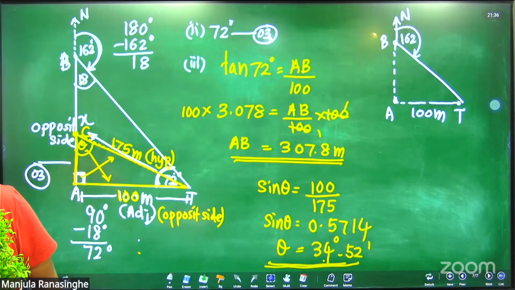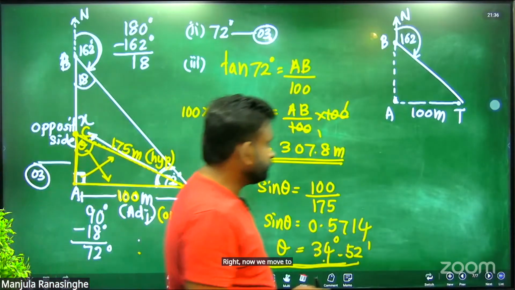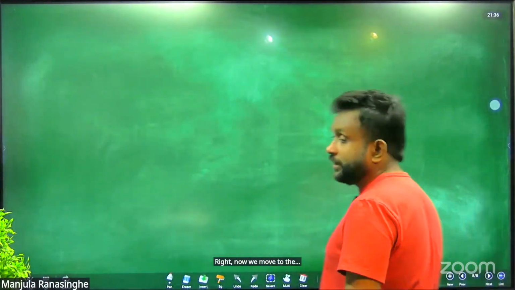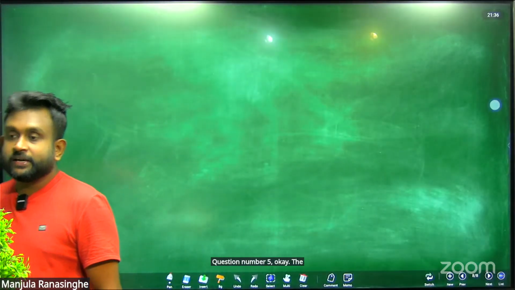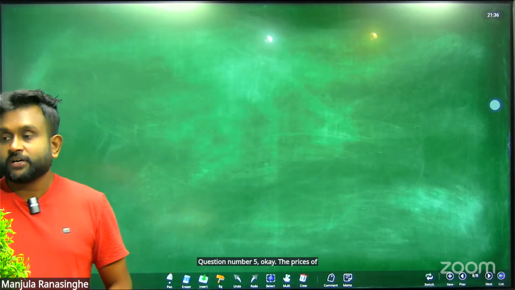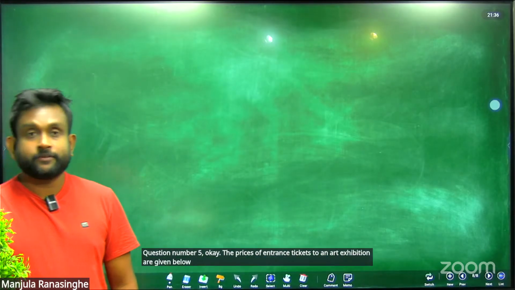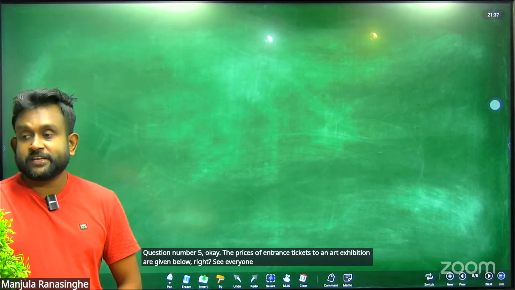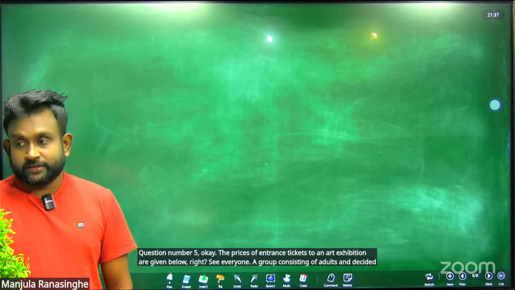Now we move to question number 5. The prices of entrance tickets to an art exhibition are given below. A group consisting of adults and children decided to attend this exhibition.